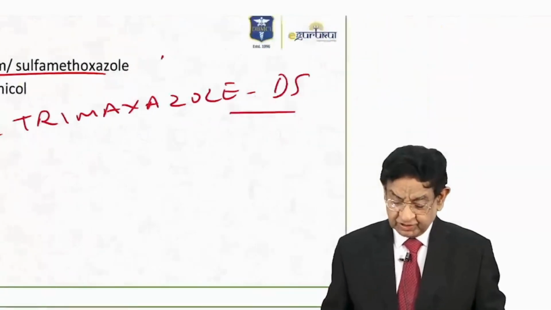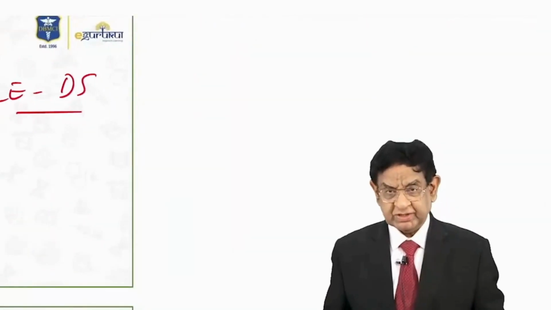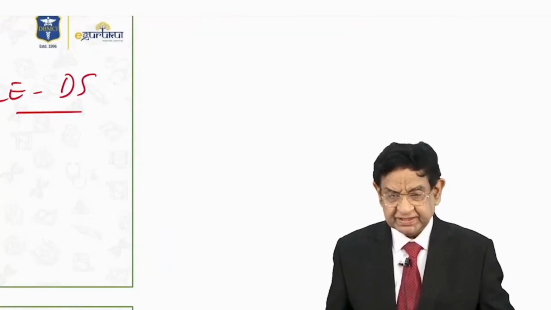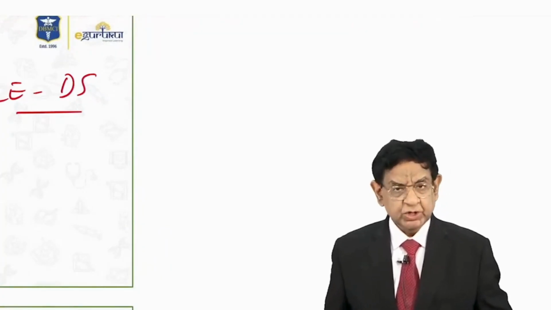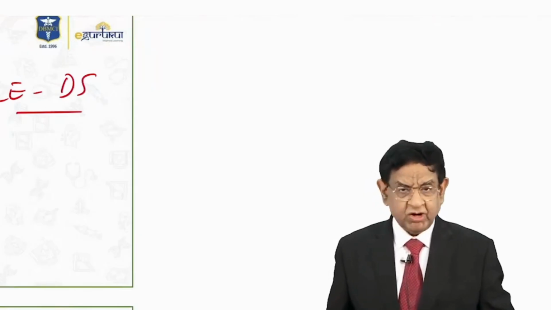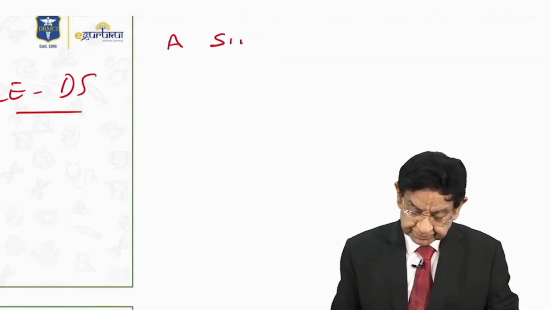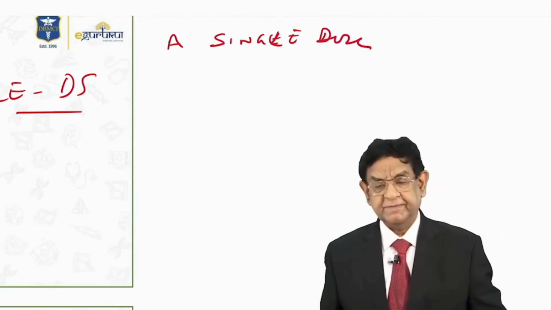Now I have a question only for the student to write down the answer. I have one patient of Whipple disease and I want to give co-trimoxazole. For how long do I have to give? Option A, a single dose stat. Stat, only one.